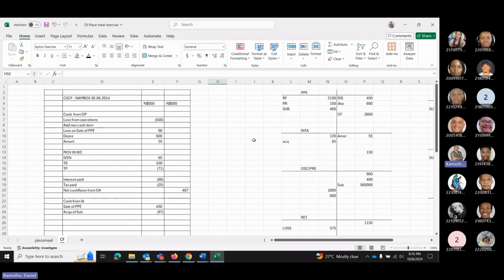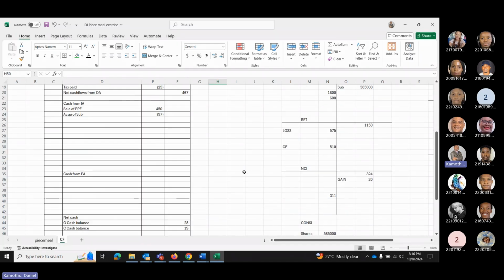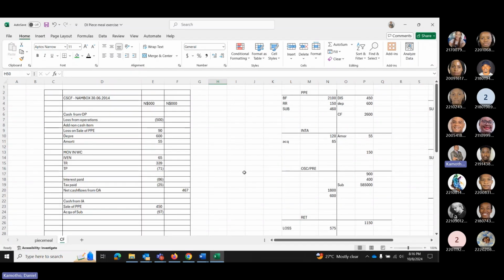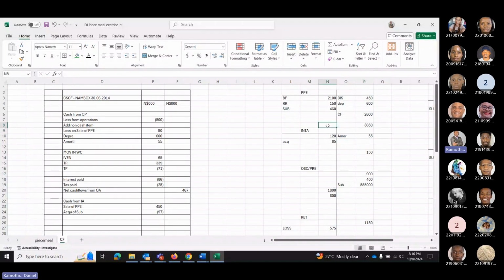So having done all this, now we can go and close up each account separately, wherever you want. Let's start with the asset. For the asset, we look at the amount we should expect to have and the amount we have. If you look at here, the total this side is the higher side if we are doing the balancing, and that is 3650, and therefore there is a cash outflow.